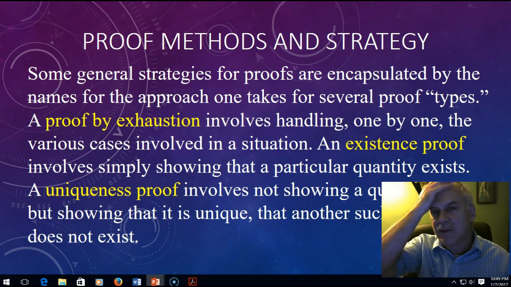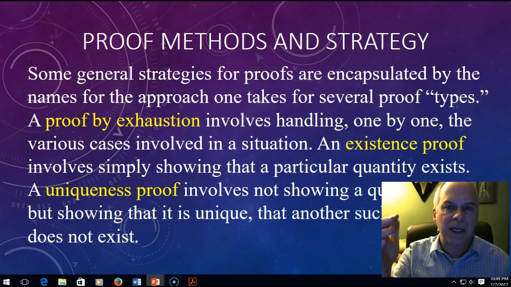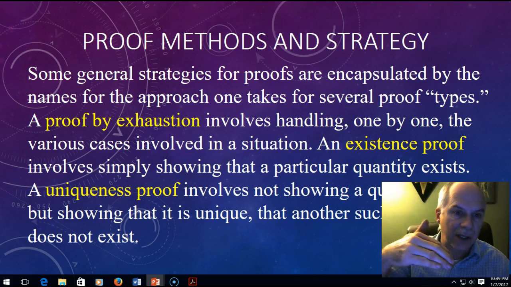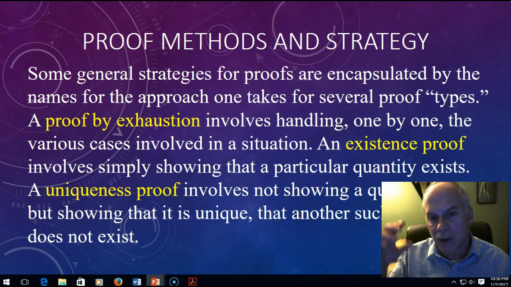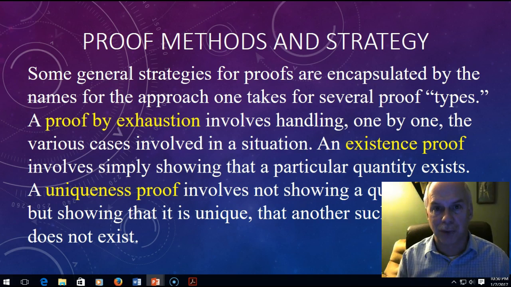So this might involve X being positive or negative or 0. So those would be the cases that you'd have to prove whatever the proposition is holds true for each of those cases. An existence proof simply involves showing a particular quantity exists.